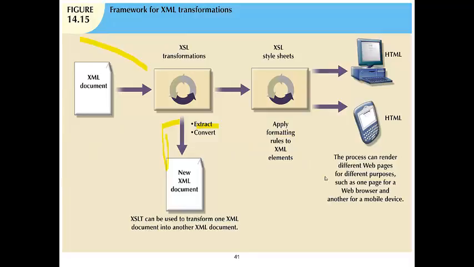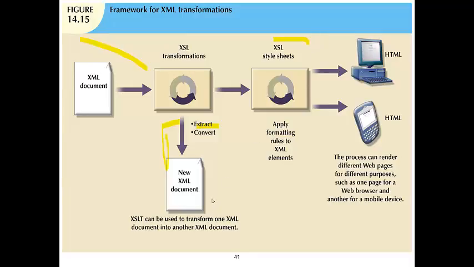You can also convert from one set of tags to another set of tags fairly easily with a transformation, because you have P code coming in, and what you want put out is product code. It's relatively simple. It's like taking this tag and substituting a new tag for it. The value of the data is still the same. Then you apply these style sheets to the data that you have in your XML files.